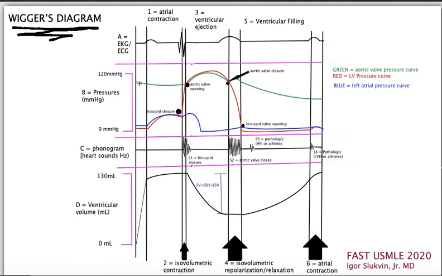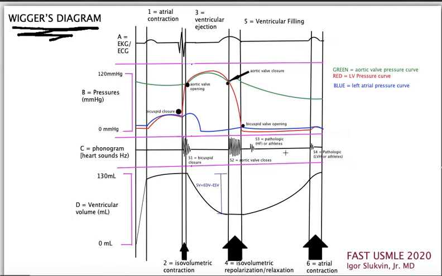The aortic valve pressure curve, the main thing to note here is this dicrotic notch. Again, same idea. As the left ventricle pressure goes down, the aortic valve closes, and all of a sudden all that blood that was being ejected from the left ventricle hits a closed valve, and the pressure goes up a little, and then it starts to relax for diastole.